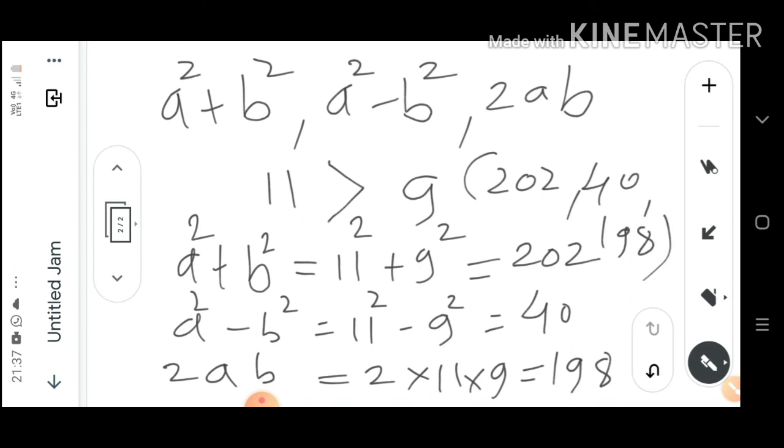That means if they obey this triplet rule, then square of 202 is equal to square of 40 plus square of 198. Let us see whether they are obeying this rule or not.